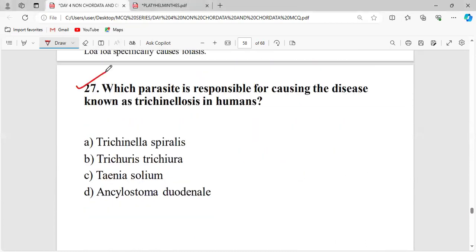And which parasite is responsible for causing a disease known as trichinellosis in humans?